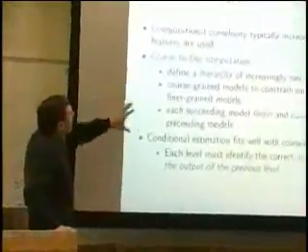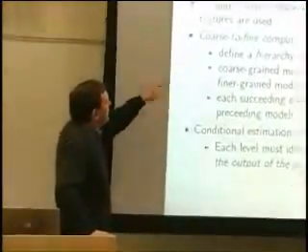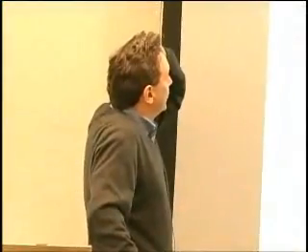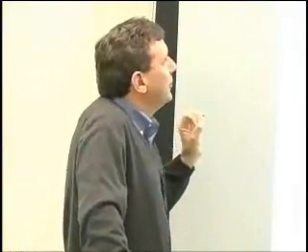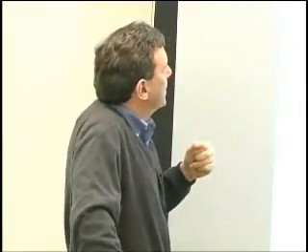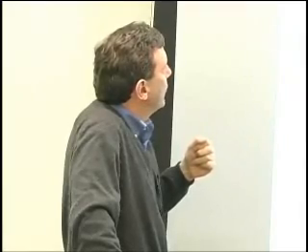Now I want to switch gears a little bit and describe how this computational framework is actually going to work. We left it where we said, by doing conditional estimation, if we can enumerate all of the possible parses for a sentence, then maybe we can compute the partition functions and the expectations we need for training.